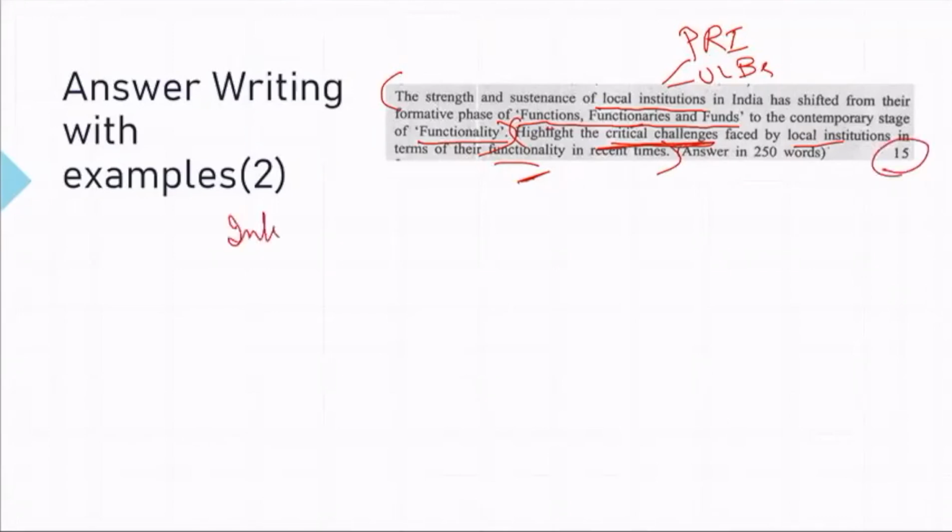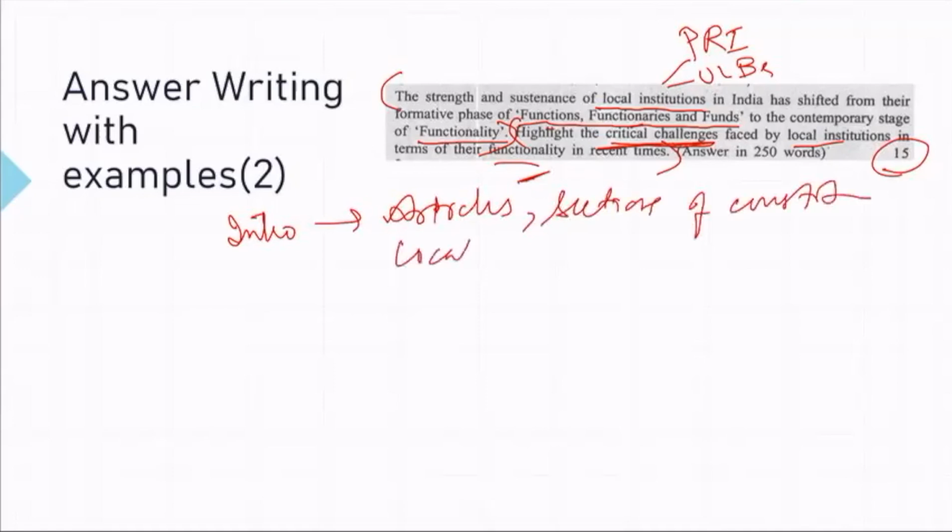So in my introduction, I'll mention the articles or sections of the Constitution through which our local institutions, PRIs and ULBs, are established.